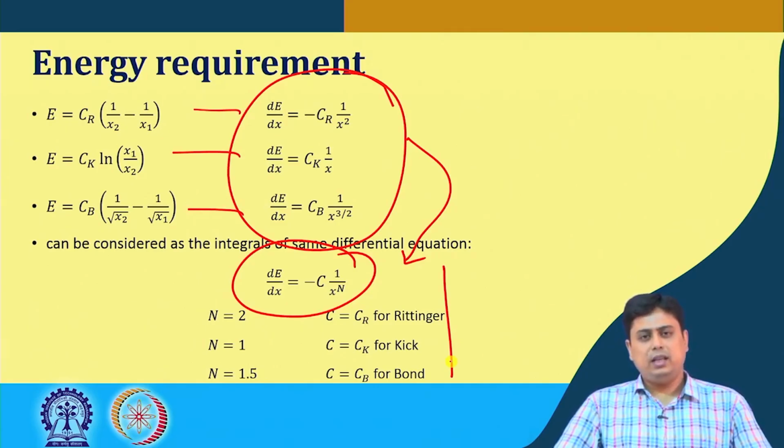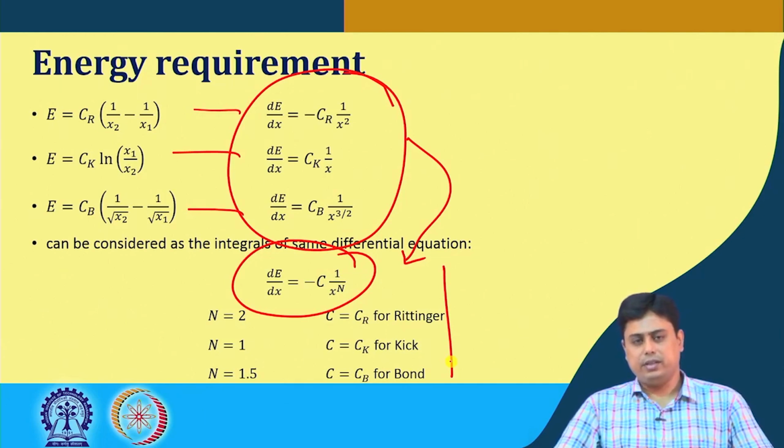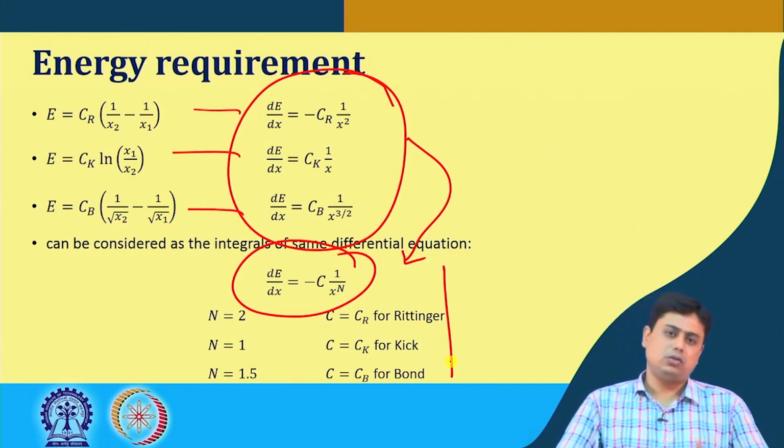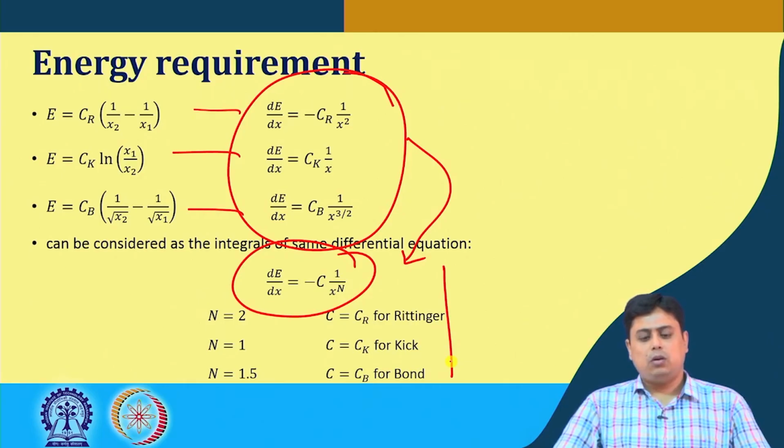Now, we have seen that Rittinger's law was not valid for certain reasons. Kick's law was also obsolete for the size ratio variation, and then Bond's law came up. It has been seen that all these three can be reliable if used within a certain size range.